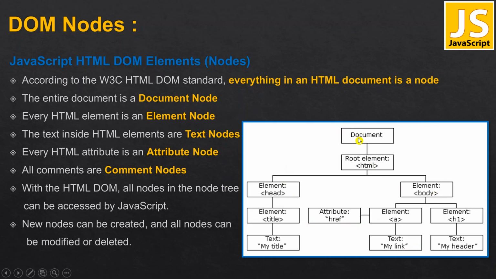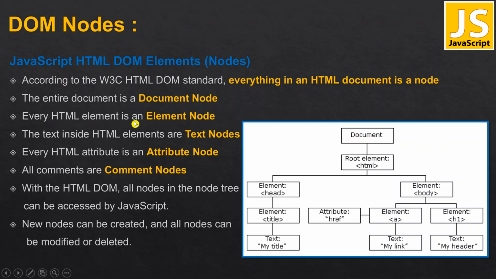In the DOM concept, every element is treated as an object. In the DOM nodes, every element is also called a node. In addition to object, it is also called a node. So the entire document is a document node.